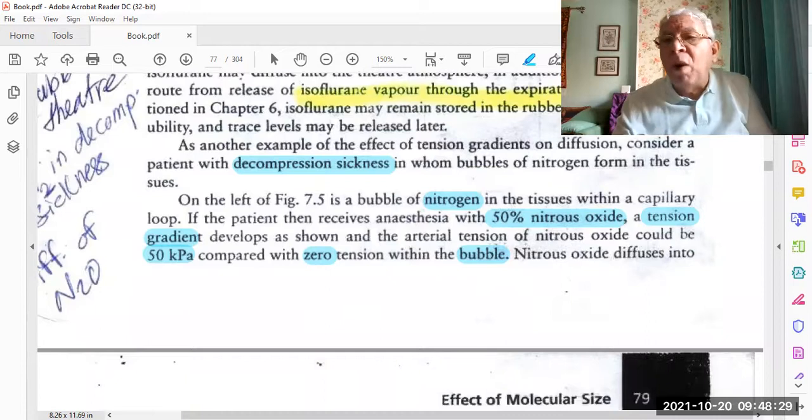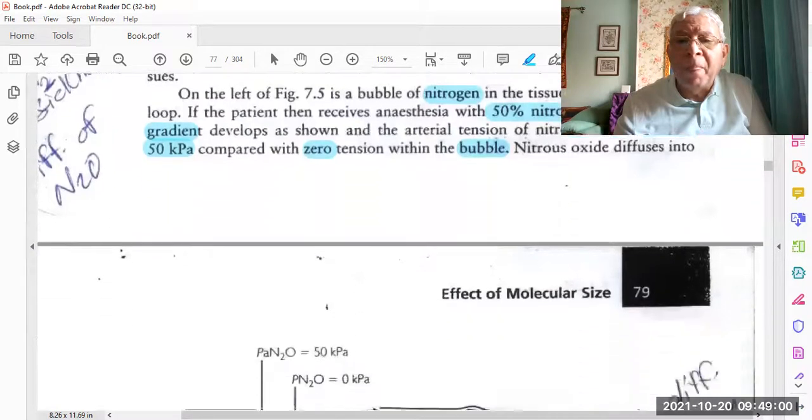Of course, as we know, nitrous oxide dissolves more than nitrogen, so nitrous oxide diffuses through cavities where nitrogen is present, and as there is a pressure gradient between nitrous oxide inside the body and outside, it goes speedily outwards, causing bubbling, as we said before.